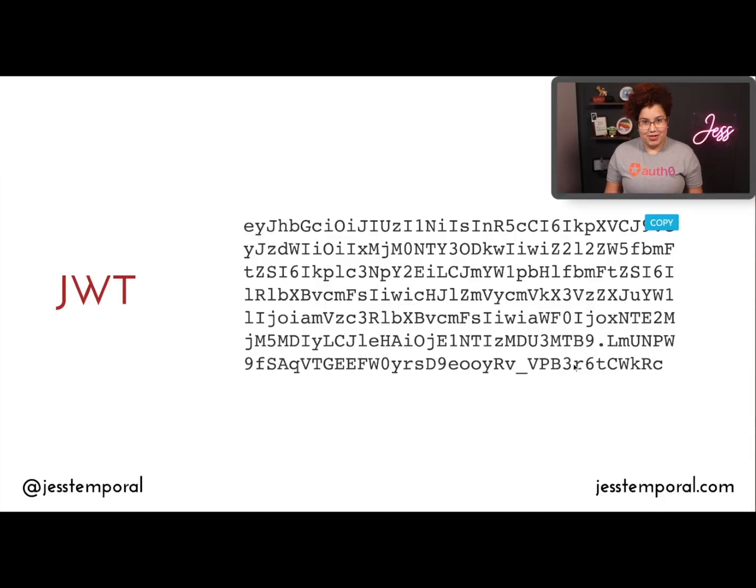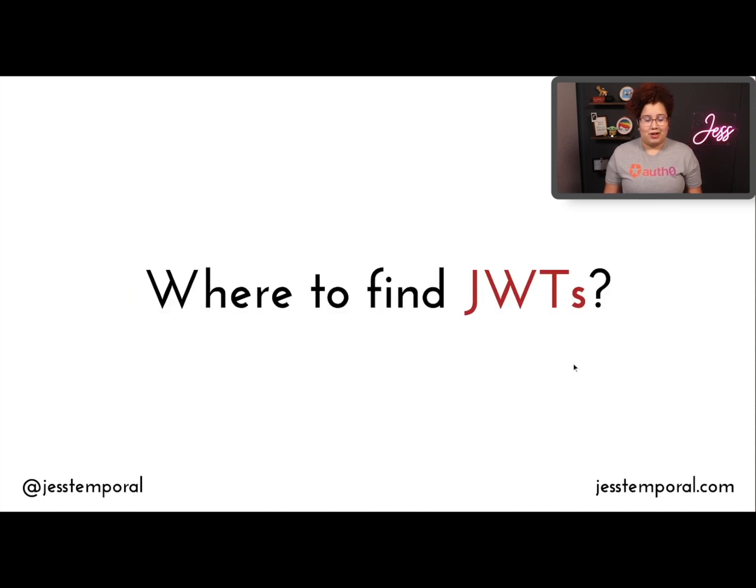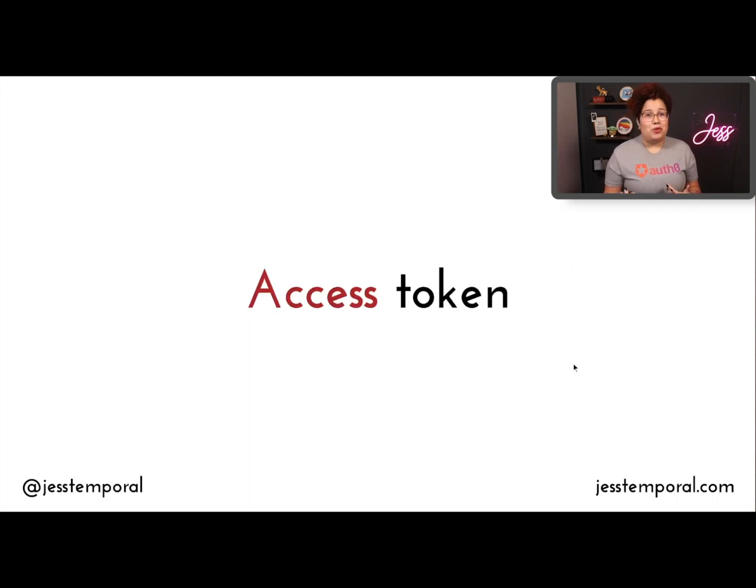So now that you've seen what JSON Web Tokens are about, you may be wondering where you can see them in action. And the good thing is, JSON Web Tokens can be used for many different things. For example, if you're thinking of interacting with APIs, you may have heard of access tokens. It's going to contain the data in the payload that is relevant for APIs, like audience and scopes.